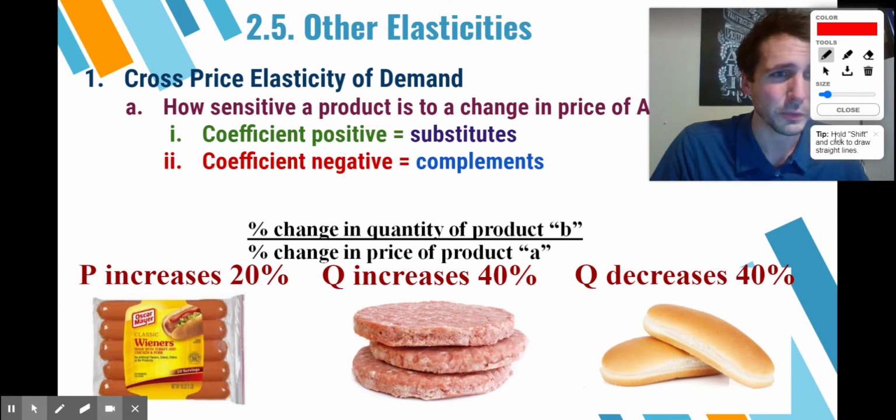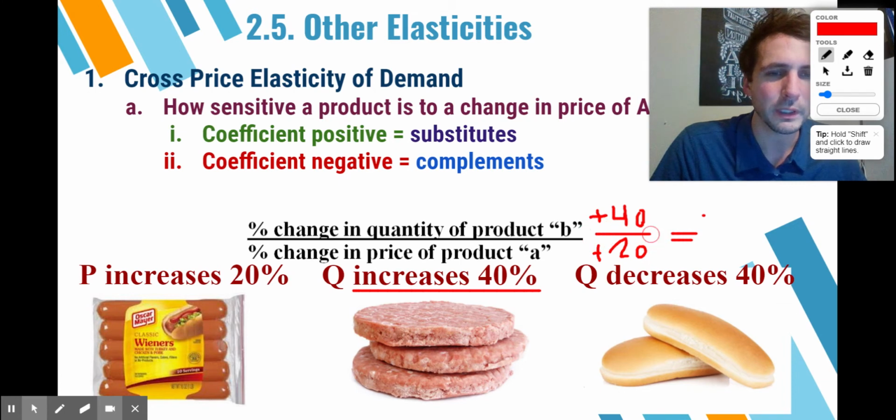The answer is, of course, yes, we can. Let's take a look. Let's say the change in quantity of product B, that's this quantity, goes up by 40. Again, we want that value, so we're going to put plus 40. Our price increased by 20. We want that value, so plus 20. So our coefficient is going to be 40 divided by 20.